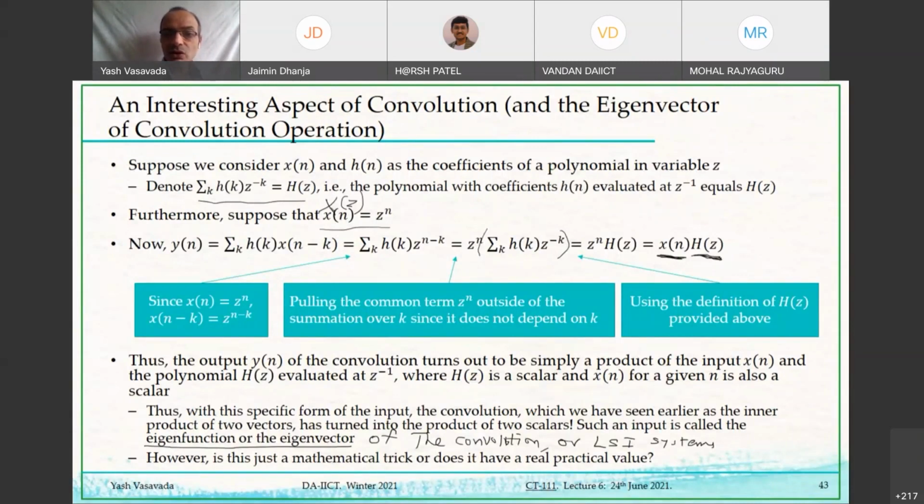But the observation, the conclusion that comes out of math is not very, very obvious.